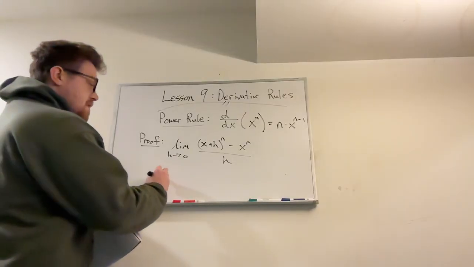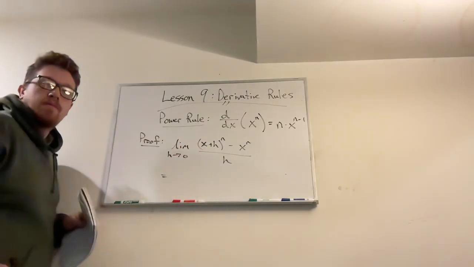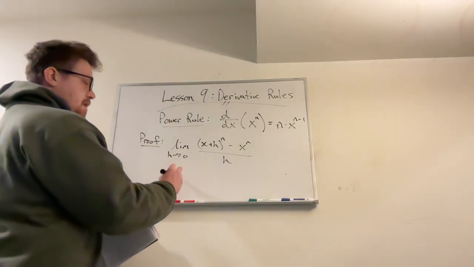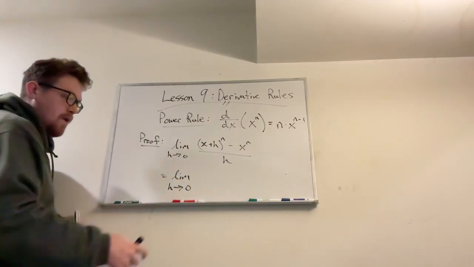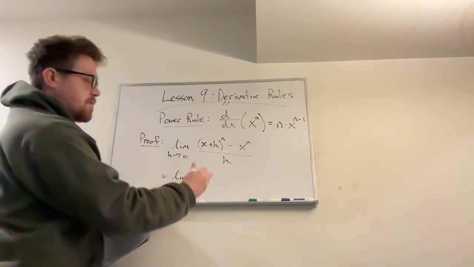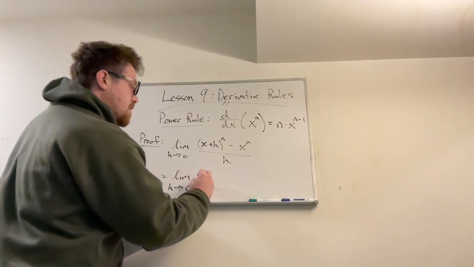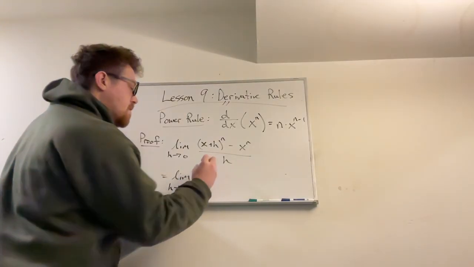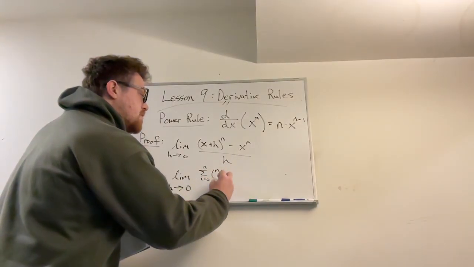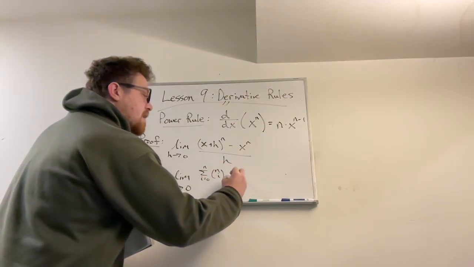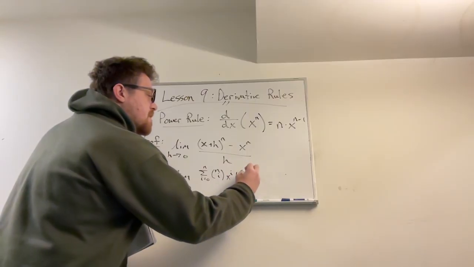So we can rewrite this limit. This x plus h to the n power is actually just a sum by the binomial theorem. So this is a certain polynomial. It's the sum with i starting at 0 to n of n choose i, times x to the i, h to the n minus i.